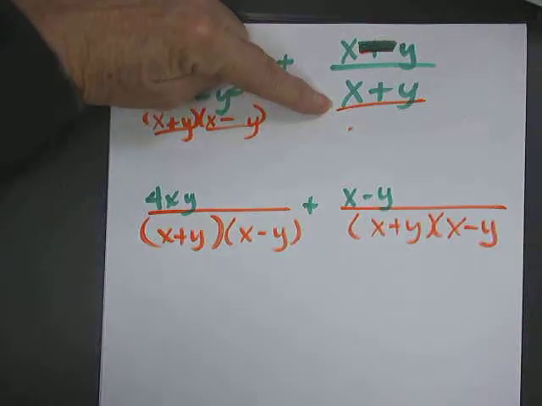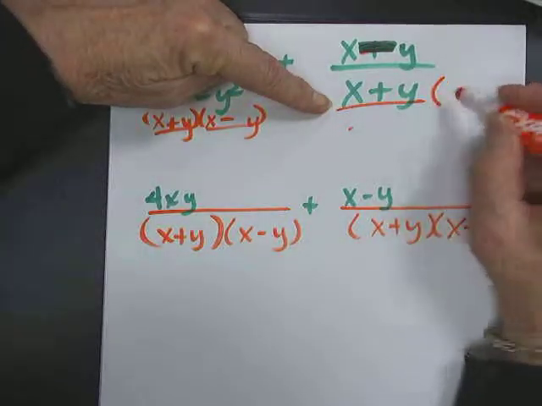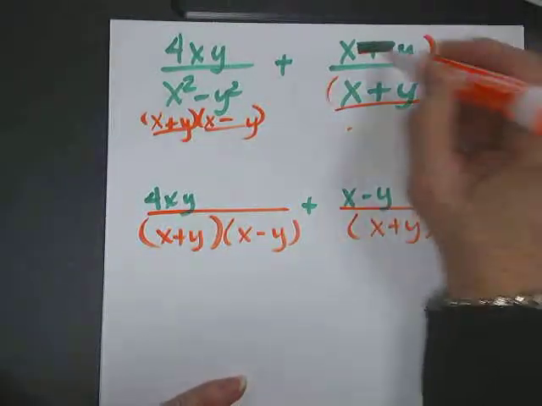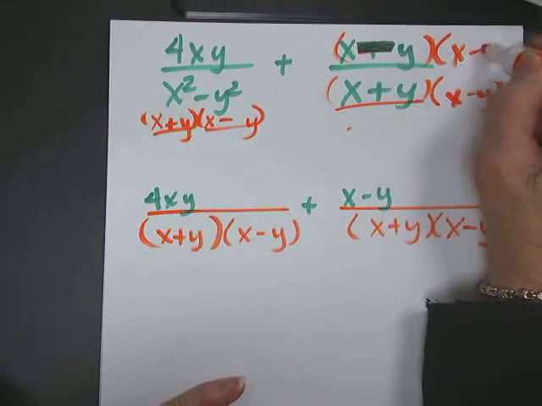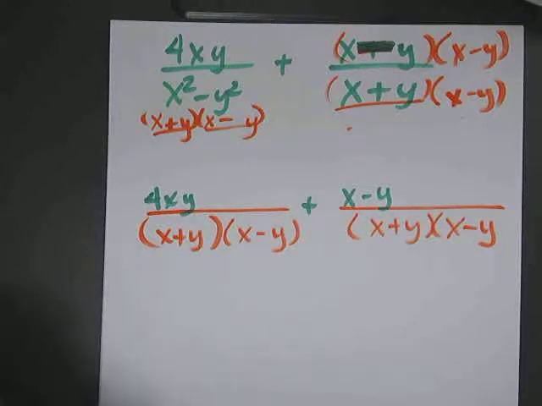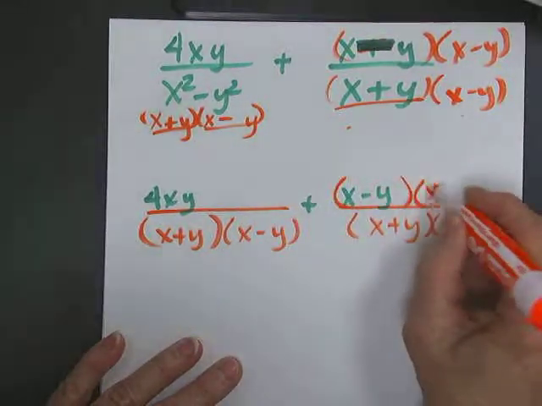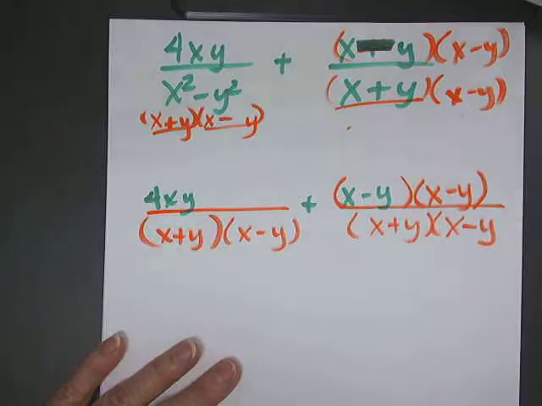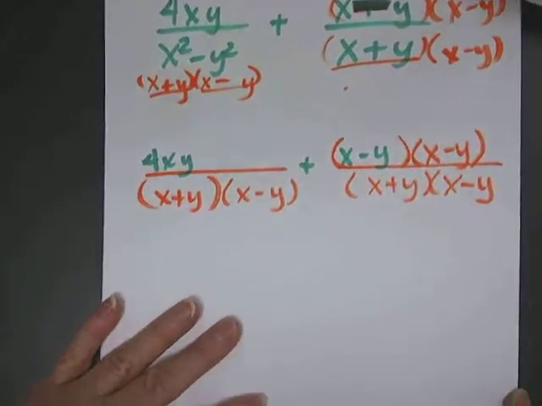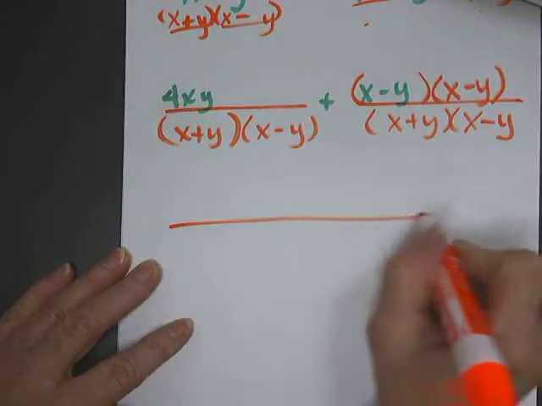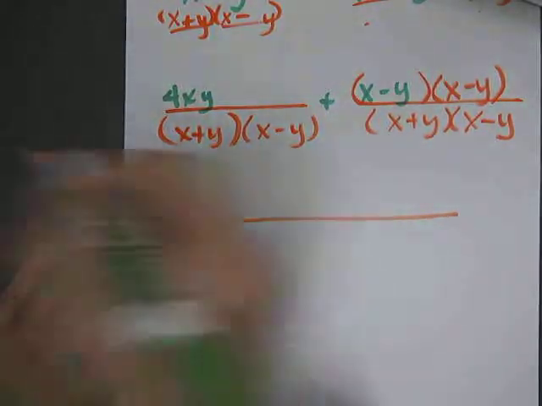Let's rewrite what we have on top before we had the common denominator. We had that. But, okay, this didn't change, so the top won't change. So this part's okay. This got multiplied, didn't it? It got multiplied by x minus y.